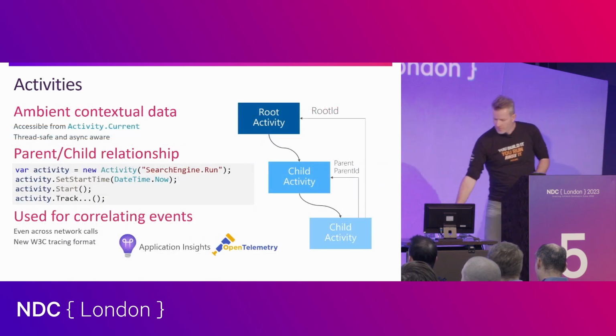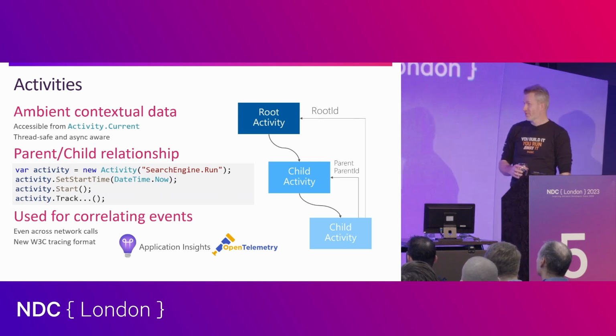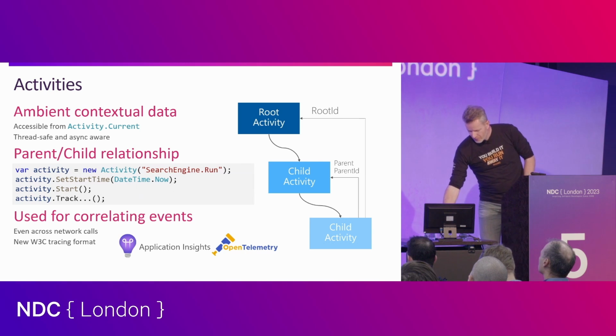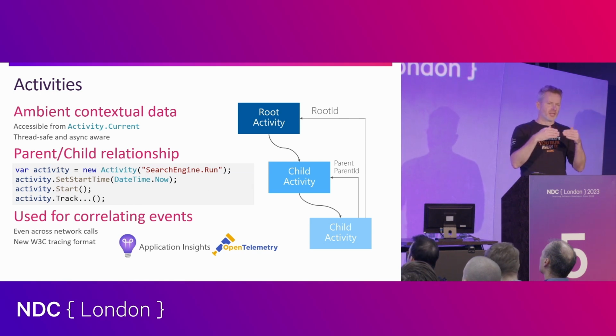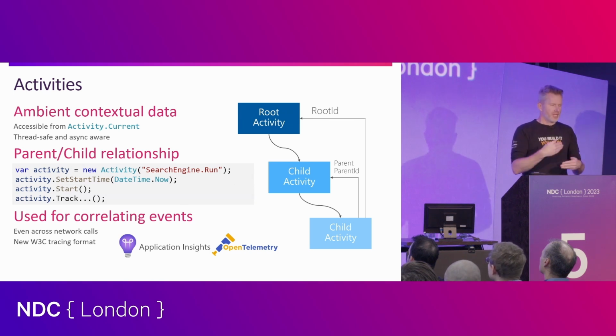Now the activities, that's kind of a cool thing. Activities are structures that allow you to have contextual information at the place where you're in. So it might be call stack or information regarding your trace. And that's being managed for you by the Activity class, and it travels well across the various threads.